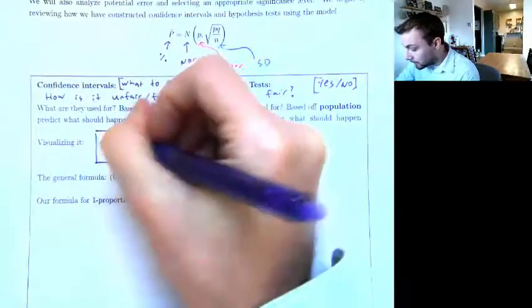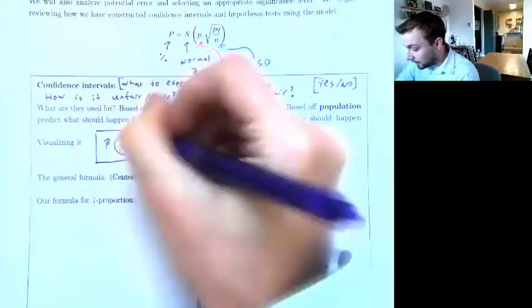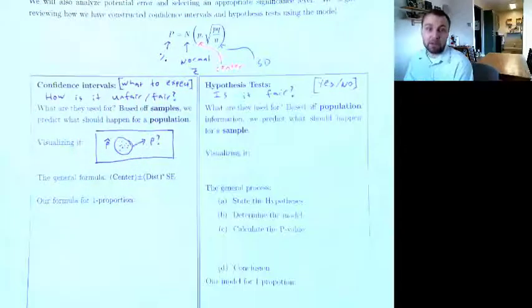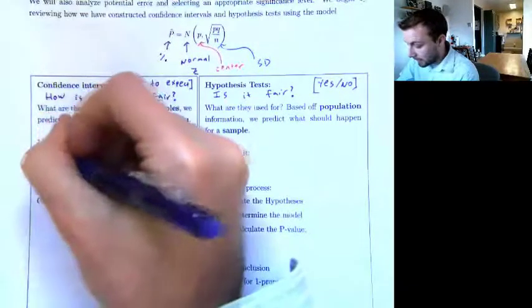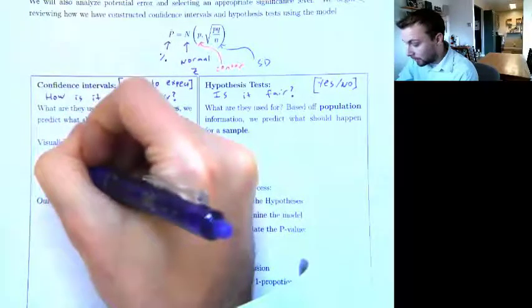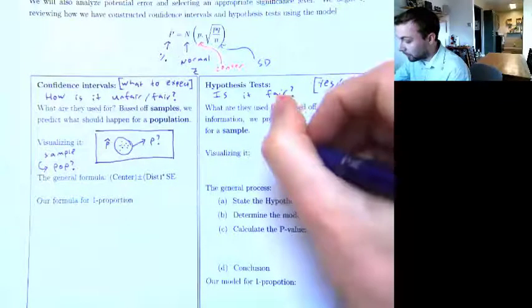For a confidence interval, suppose I know a small sample, and let's suppose my sample success rate is p hat. I use that to guess what should happen for the larger population. So when I'm working with this thing, it starts at the sample, and it tells me what to expect for a population. Hypothesis tests really work in the reverse.